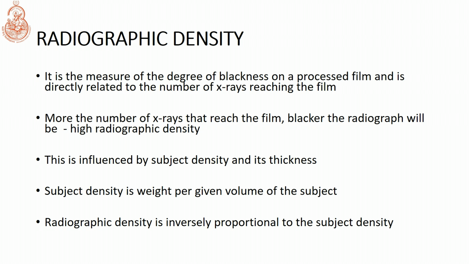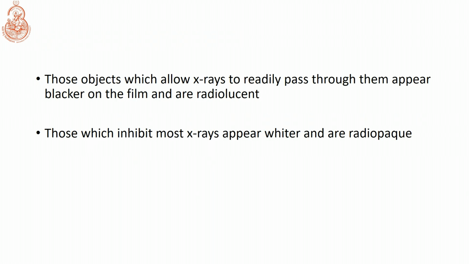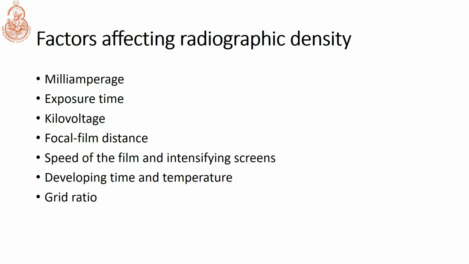It is going to attenuate the X-ray photons, and only a few X-ray photons are going to reach the cassette. Those objects which allow X-rays to readily pass through them appear blacker on the film and are radiolucent. And those which inhibit most X-rays appear whiter and are radio opaque.